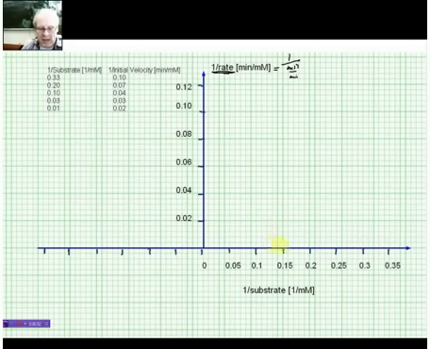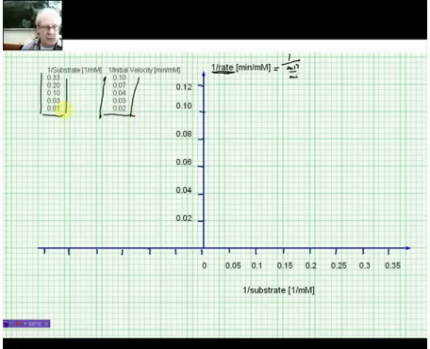Likewise, on the x-axis, we plot 1 over the substrate concentration. So this would be the substrate concentration is given in millimolar, so the unit for the x-axis would be 1 over millimolar. And all I need to do now is really plot the data, which I've got here and here.